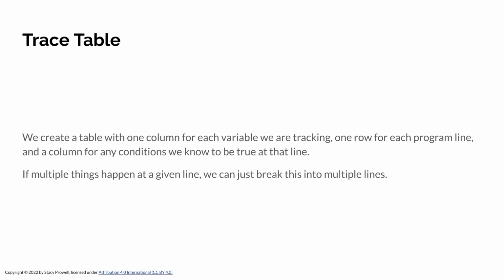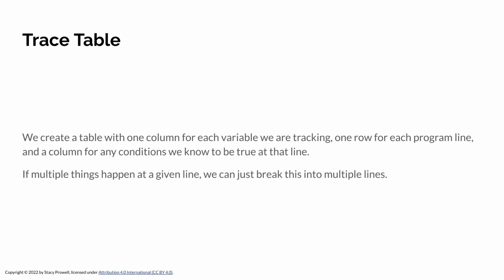The basic idea is build a table, rows and columns, with one column for each variable that we're tracking and one row for each program line, or in this case instruction, and a column for any conditions that we know to be true at that line.